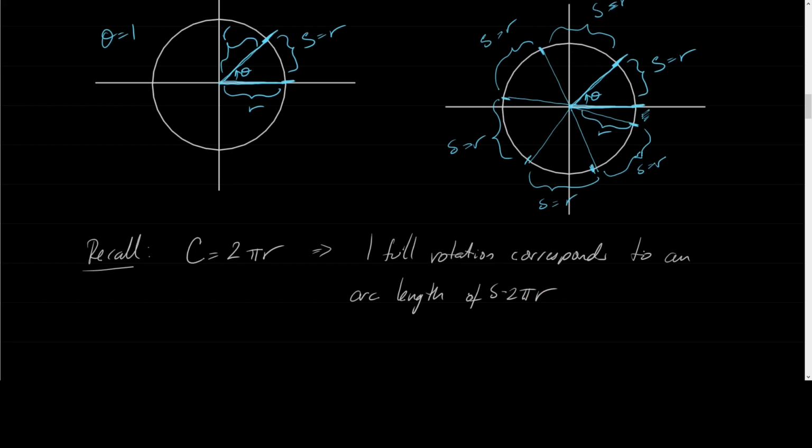So maybe I'll say that the arc length there is 2 pi r. The total arc length all the way around the circle, I'm saying, right? Which would tell us that 2 pi is approximately 6.28 radians, all right?